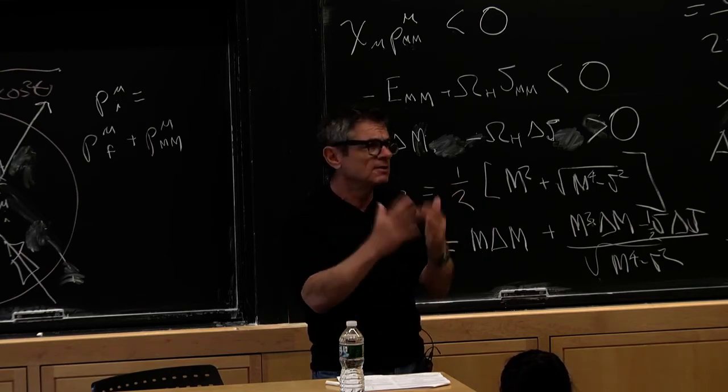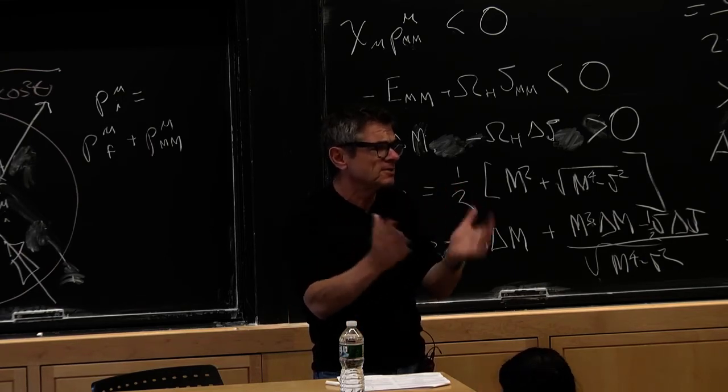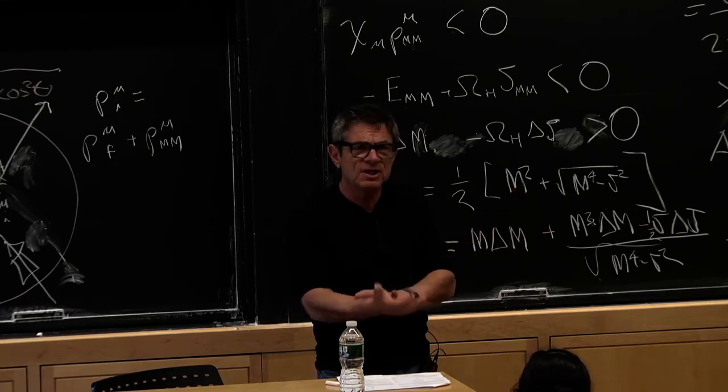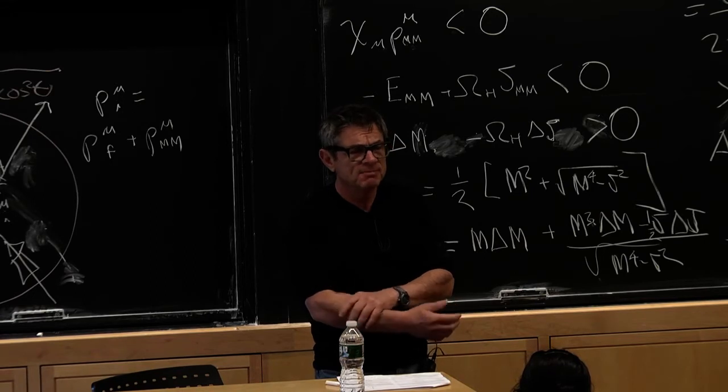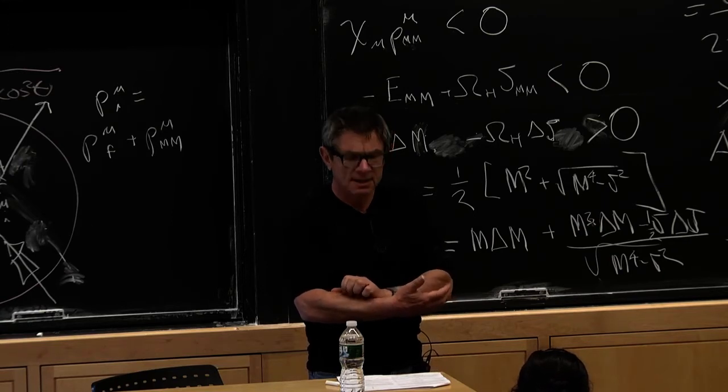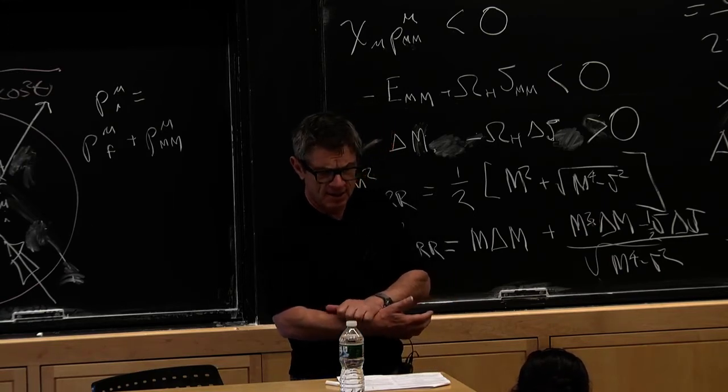It doesn't have to be during the formation process. It won't be spherically symmetric, some general space-time. And even in that very general situation, it's been proven, assuming cosmic censorship, that the area will always increase.